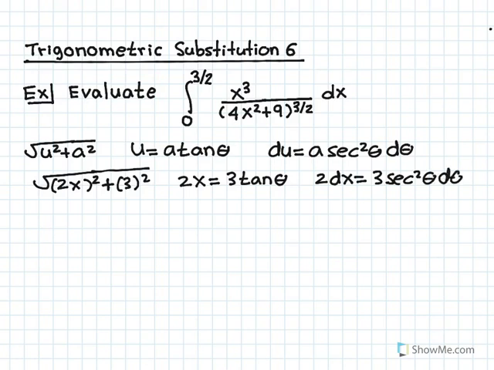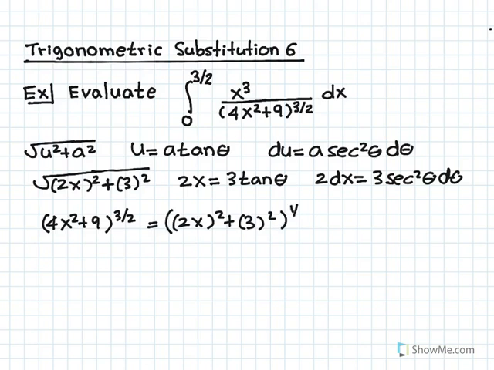So we can write 4x squared plus 9 to the power of 3/2 as (2x) all squared plus (3) all squared, all to the power of 1/2, and all of that raised to the power of 3.